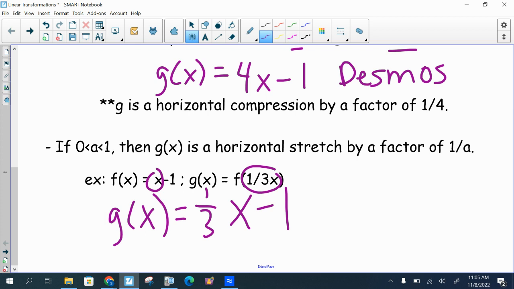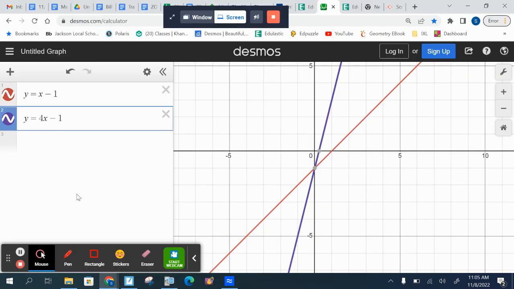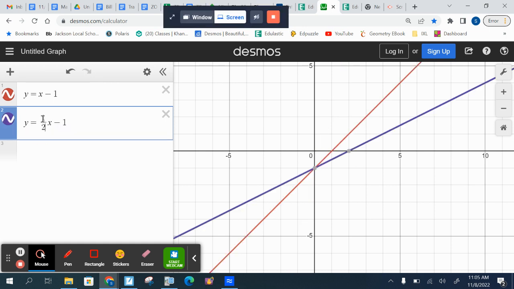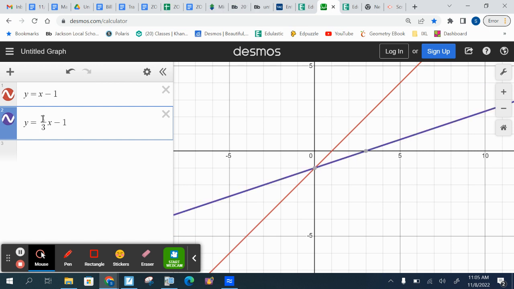Okay, now let's go back to Desmos and replace the second equation with 1/3 x minus 1. So you can just delete the 4 and type in 1/3 with the fraction symbol. So yes, from the looks of it, it looks like it is compressed, but it's actually stretched horizontally.